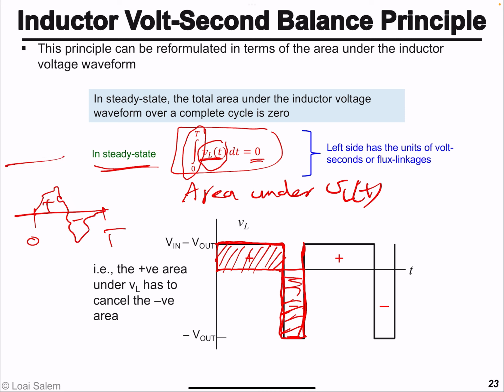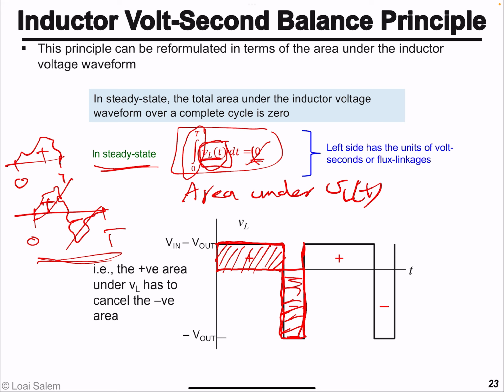It cannot be all positive in one cycle. This means it's not steady state, because under steady state the inductor volt second balance principle applies, and if it's all positive, then the total area under the voltage across the inductor will not be 0. It has to have some negative parts and positive parts so that they cancel each other, and the total area across a complete cycle is 0.